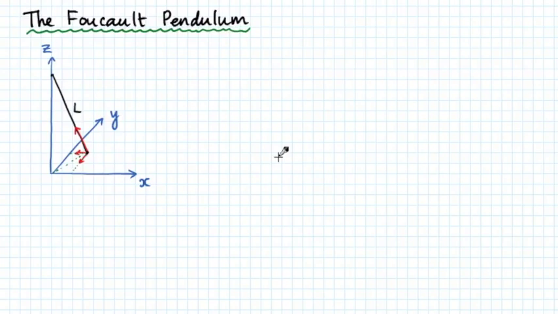The Foucault pendulum. Consider a pendulum suspended vertically of length L and aligned so that the x direction points to the east and y direction points to the north.